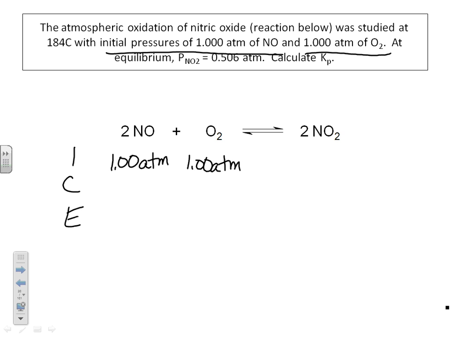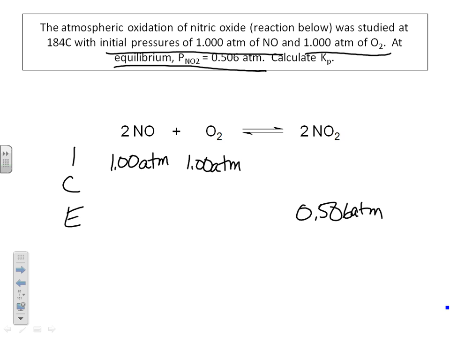And then at equilibrium, the NO2 is 0.506, so that's going to go in the equilibrium for the NO2. Now, in this case, we are using partial pressures because it's a Kp problem. Kp is based on partial pressures, not molarity. If this was Kc, we would want to figure out molarities here for our ICE chart. All right, so we've filled in all the numbers that the problem gives us.